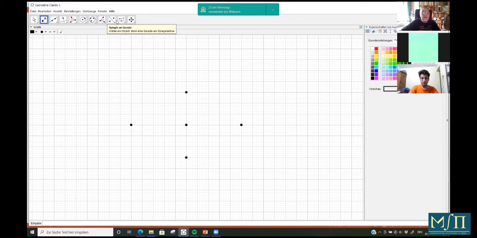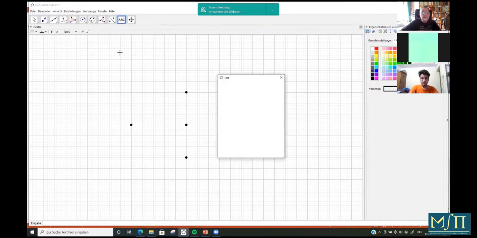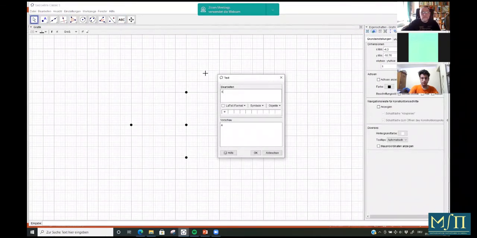So what we have given here right now is the points A, B, C, and D of an ellipse.